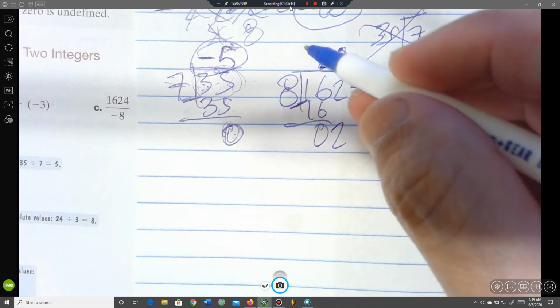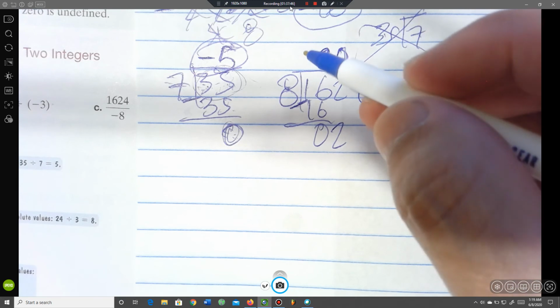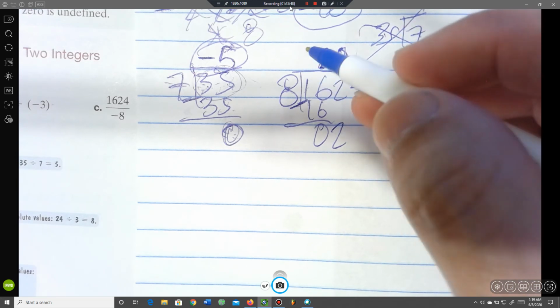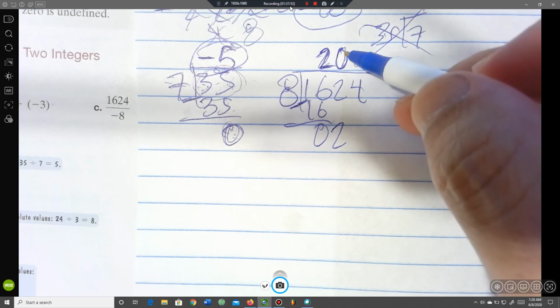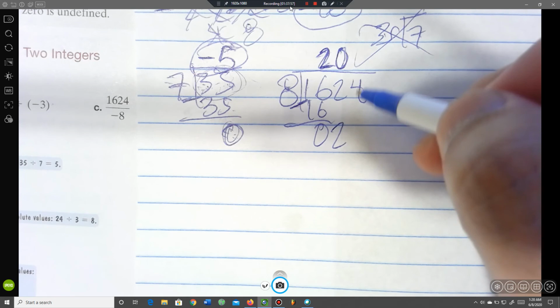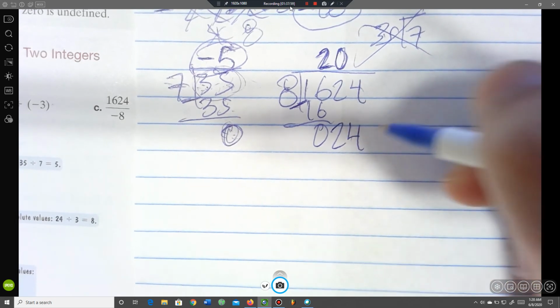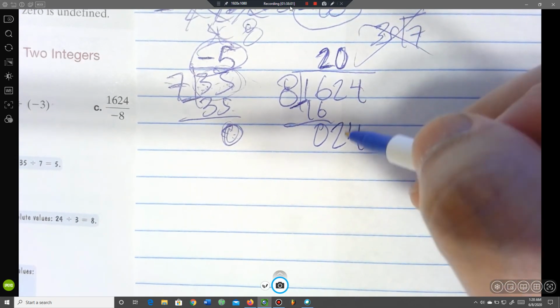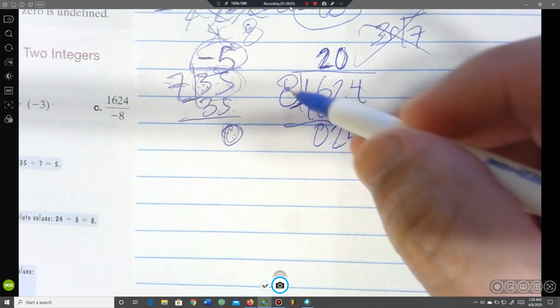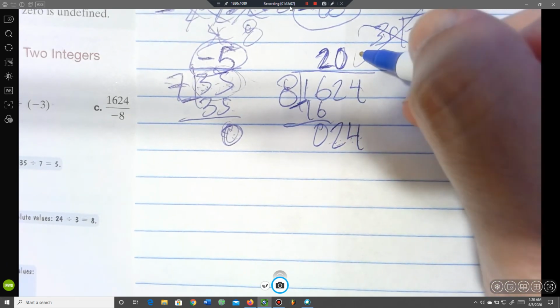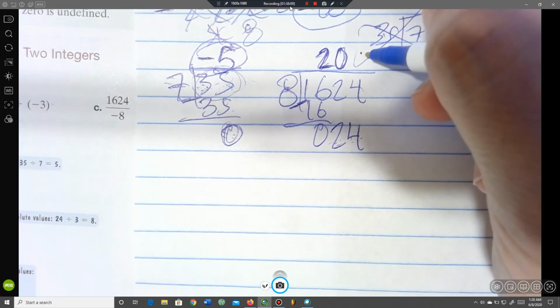I don't recommend you write a 0 here. Anyway, bring down the 4, which makes this a 24. So ask yourself, how many times does 8 go into 24? And that should be 3.